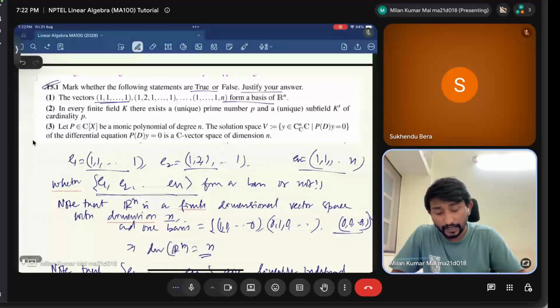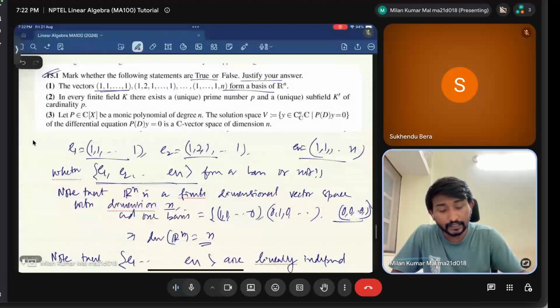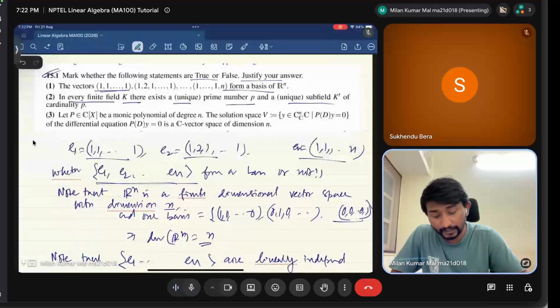The second is that in every finite field K, there exists a unique prime number P and a subfield K dash of cardinality P. So let's take K as a finite field. What is the question saying?